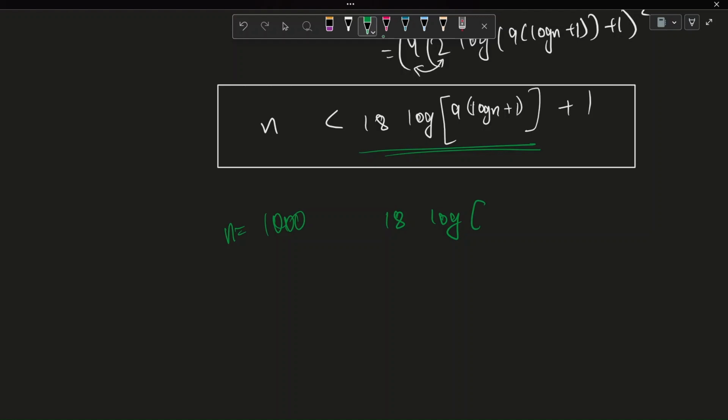So 3 plus 1 is 4, so log of 36 plus 1. Okay, this big term will become 18 times log of 36 plus 1, and we can easily show that. And what will be this side? Sorry, this whole square is also there, I'm missing the whole square term on both sides.